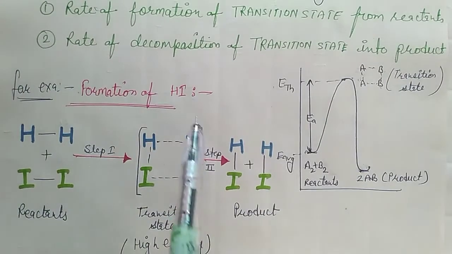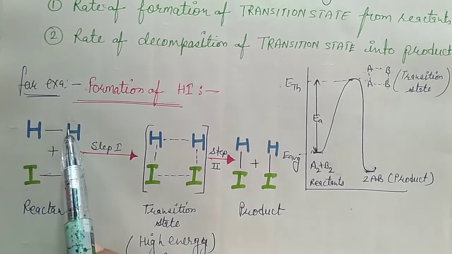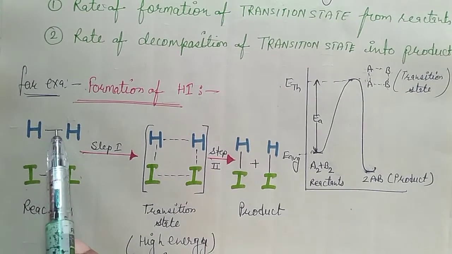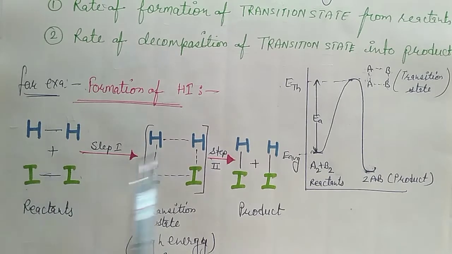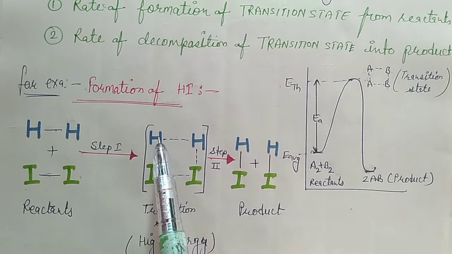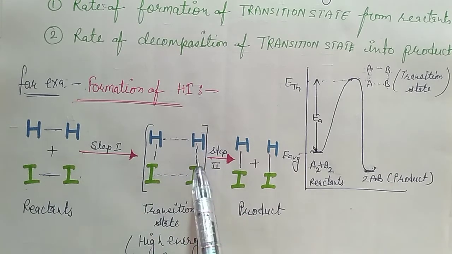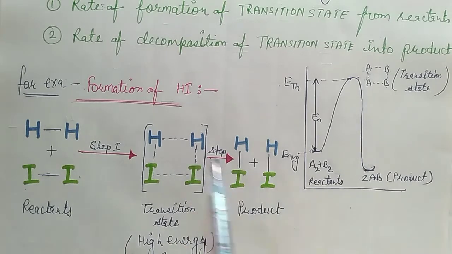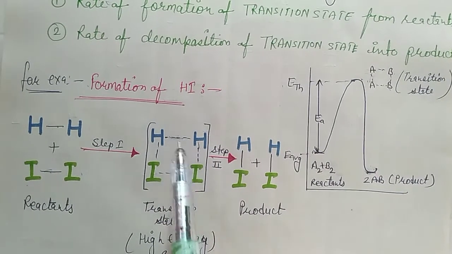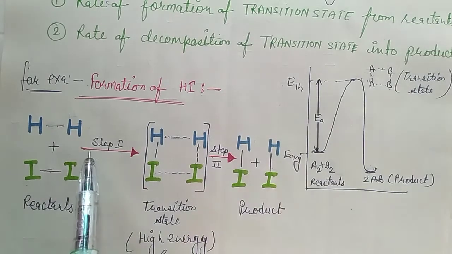See, with the example of formation of HI, from H2 and I2. In step 1, the H2 and I2 bonds are approximately broken, and the newly forming bonds between H and I are approximately formed. In the next step, the breaking bonds are completely broken and the forming bonds are completely formed. So there are two steps.